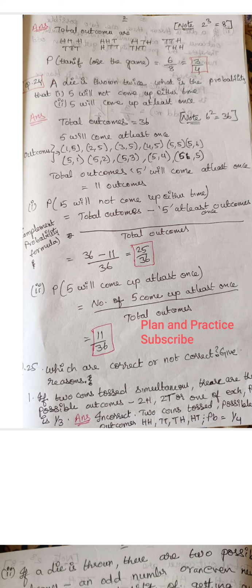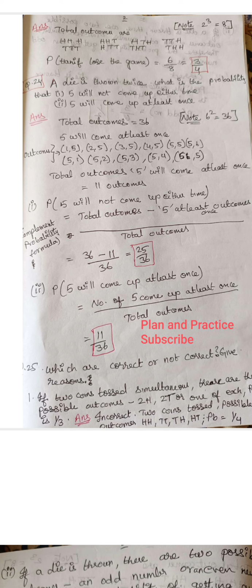Now we will go to the first option. Probability that 5 will not come up either time. Here we are using the complement probability formula, which is equal to total outcomes minus the outcomes with 5 at least once, by total outcomes. This is 36 minus 11.